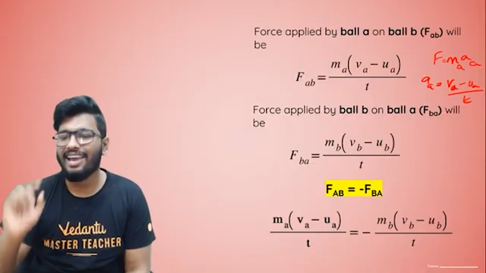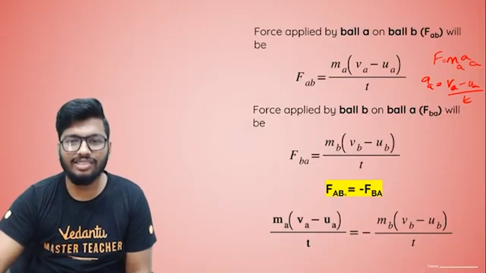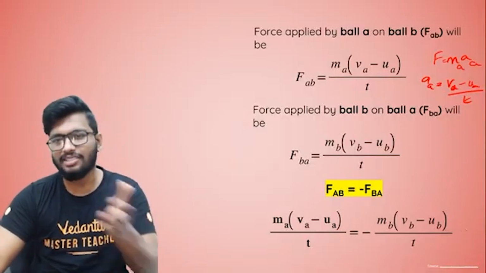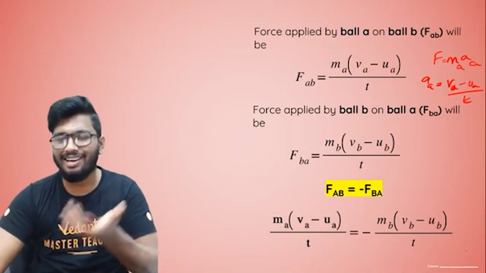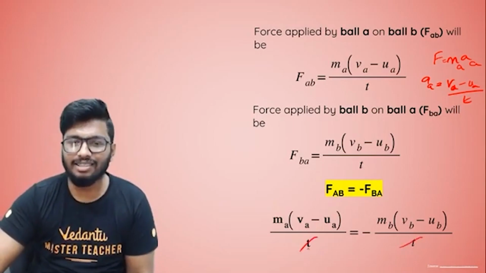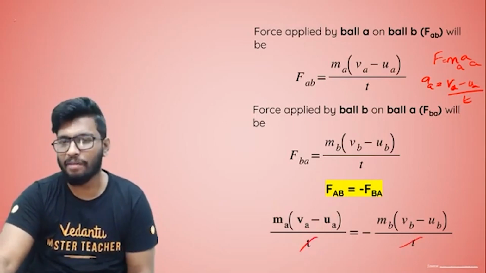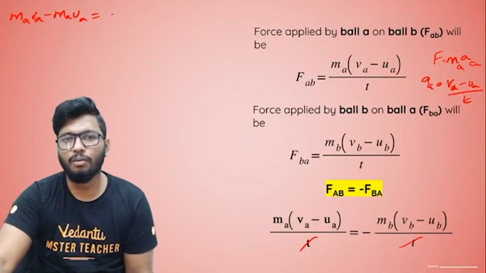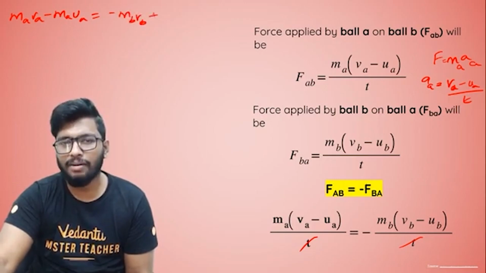Substitute the values. FAB is MA(VA minus UA), and the second is minus MB(VB minus UB), divided by time taken. The time gets cancelled. Just multiply MA and MB into the equation, like open up the bracket. So MAVA minus MAUA is equal to minus MBVB plus MBUB.